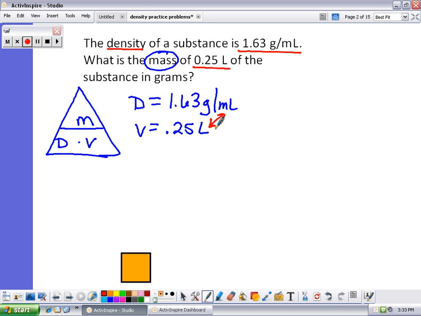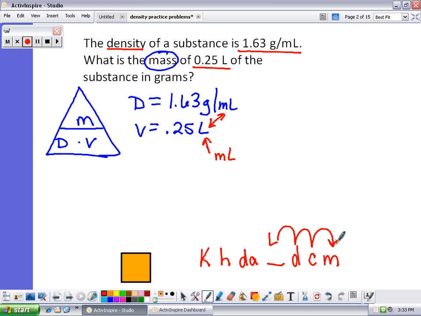So we need to convert liters into milliliters. This takes us back to review. King Henry died while drinking chocolate milk. So we need to convert liters, which is here, into milliliters. So we go 1, 2, 3 to the right. So we move our decimal point 1, 2, 3 to the right. So that is 250 milliliters.